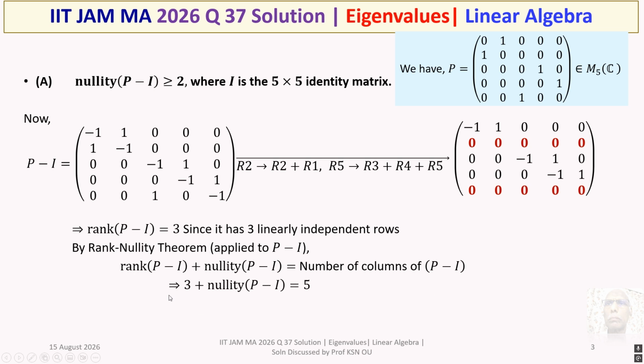Then you get 3 plus nullity of P minus I is equal to 5, and thereby nullity of P minus I is 5 minus 3, that is equal to 2. In option A, it is given the nullity of P minus I is greater than or equal to 2. Yes, that is true. So the statement in A is true.